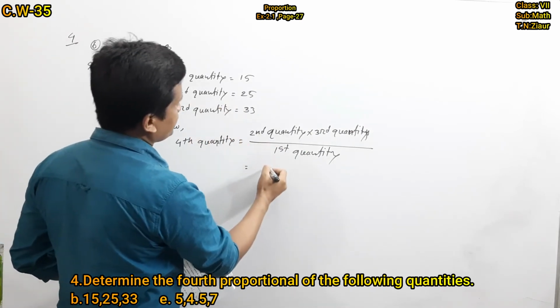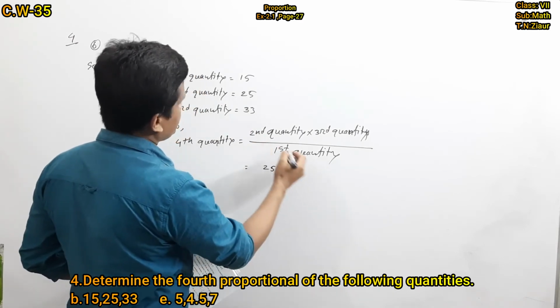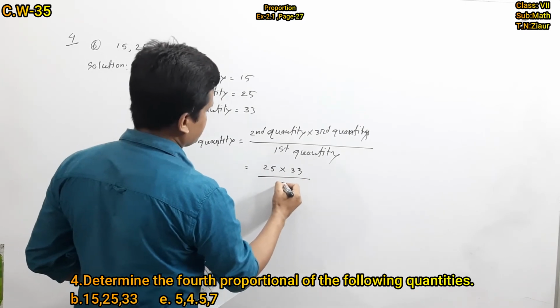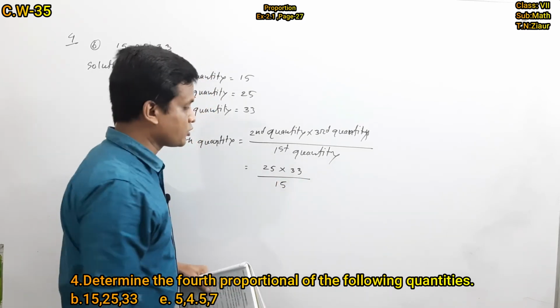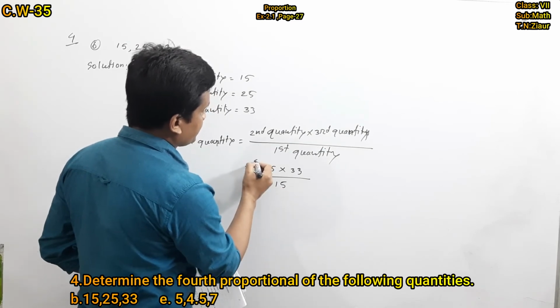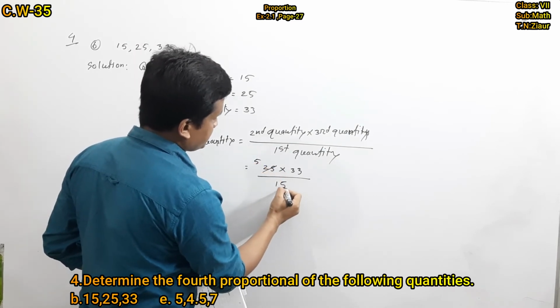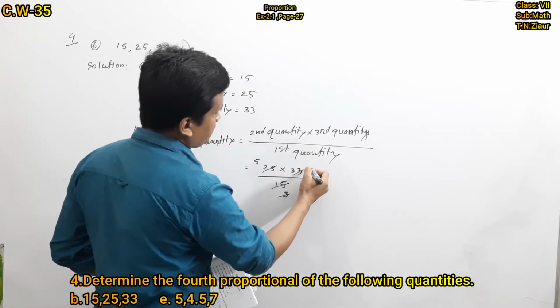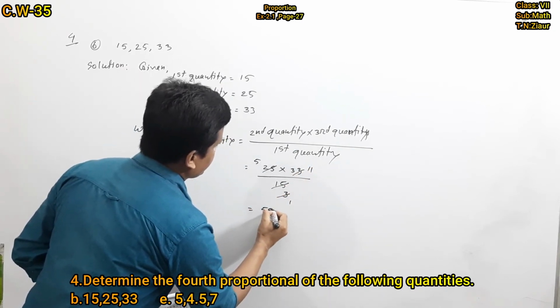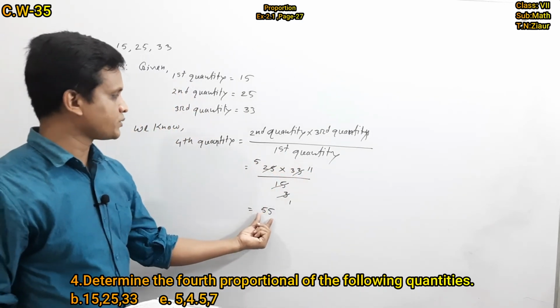Second quantity is 25, third quantity is 33 and first quantity is 15. Okay, just cancel from here. So we can divide by 5: 5 fives are 25, 3 fives are 15, and 3 elevens are 33. So it will be 55, right? 5 elevens are 55.